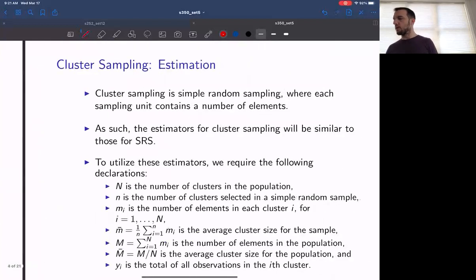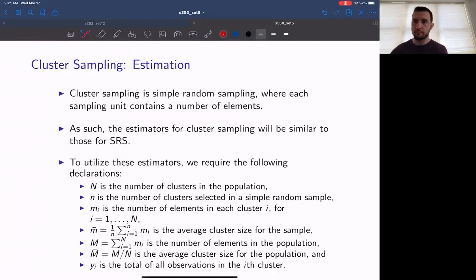All right, so estimation. Cluster sampling, as I said at the start, is effectively just simple random sampling, but it's simple random sampling where each sampling unit contains a number of different elements, right? So as we saw before, with the little illustration, if we have an SRS, this is going to have our points kind of like this, and each of these are individual points.